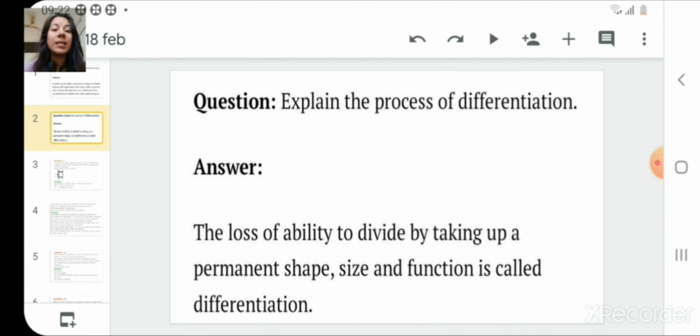As soon as it gets the ability of what kind of shape it has to take, what kind of size it will have, what function it has to perform, that time it will be a differentiated cell which has a particular task of doing something in the living organism. So that is the difference between undifferentiated and differentiated cells. Undifferentiated cells are meristematic cells.